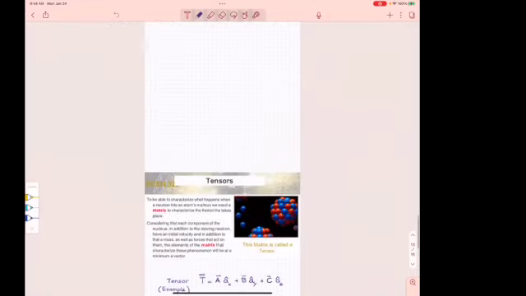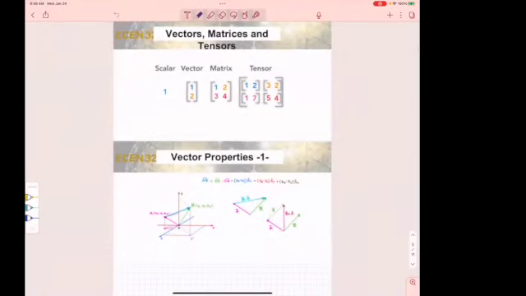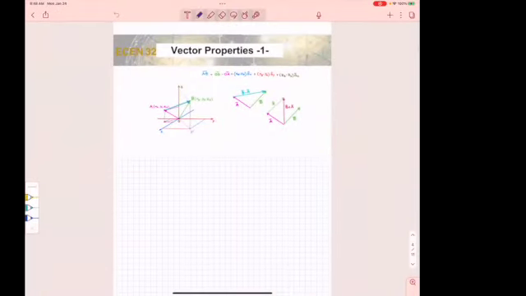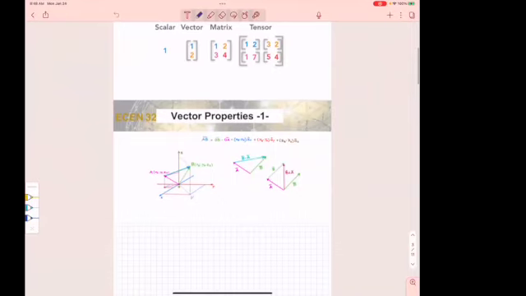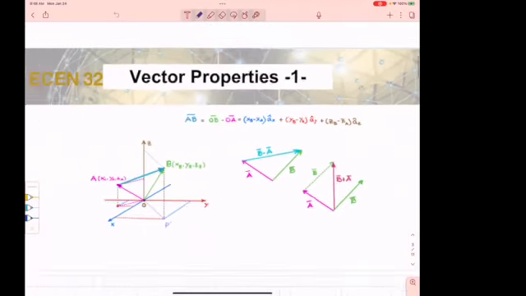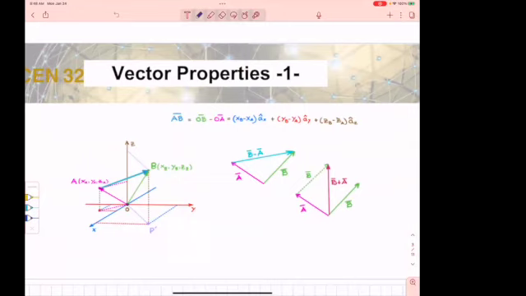Okay, so with the introduction, the last thing I wanted to have you review is vector properties. We talked a little bit about summation, all right? And what I want you to see here is how we did that in a simple Cartesian coordinate system. Every vector has 3 coordinates.